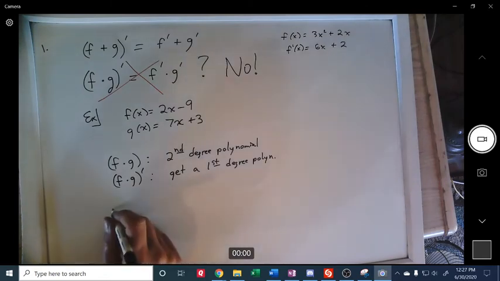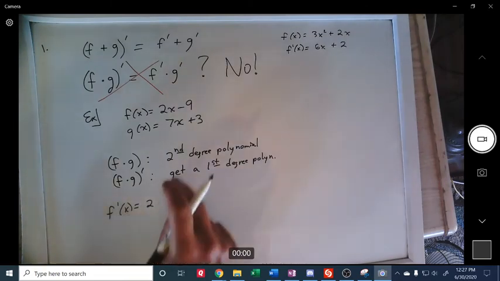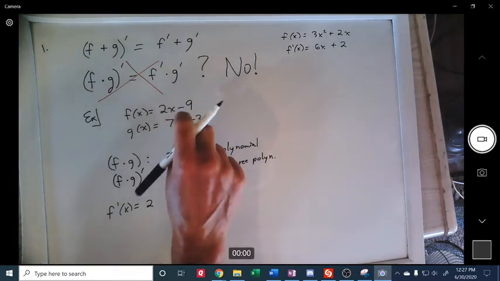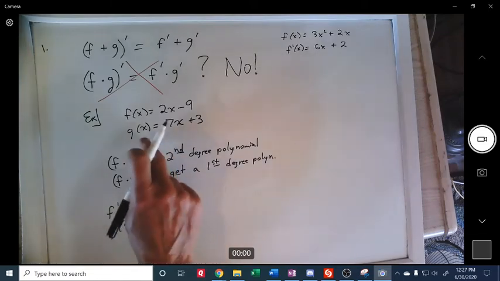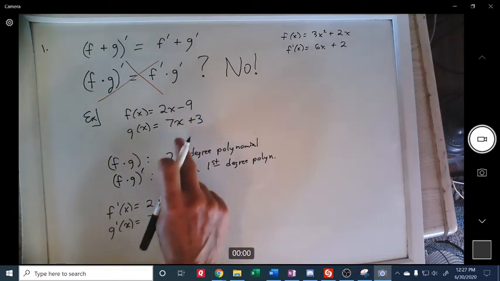But if you took f prime of x, you get 2. It decreases the degree by 1. G prime of x, you're going to get 7.